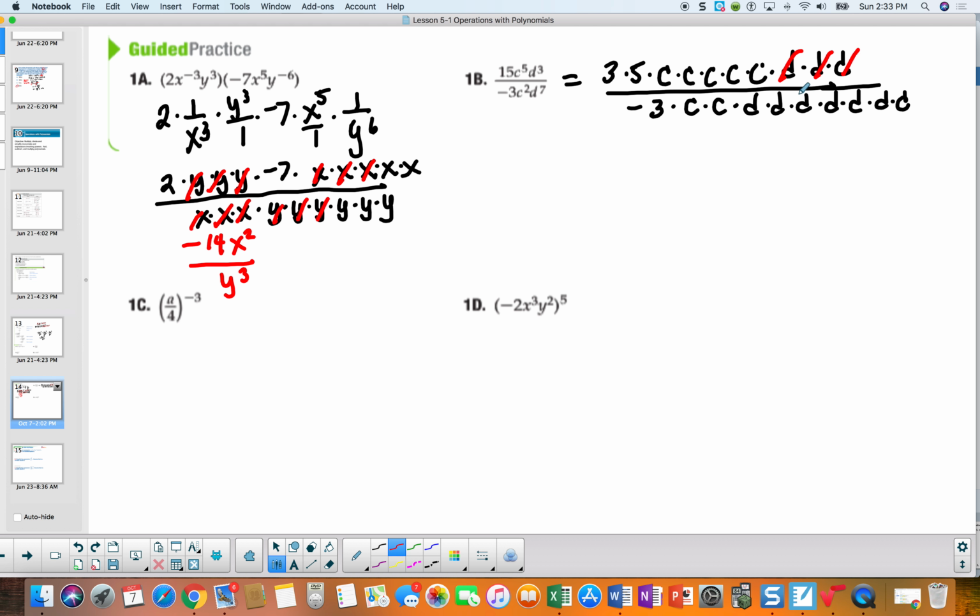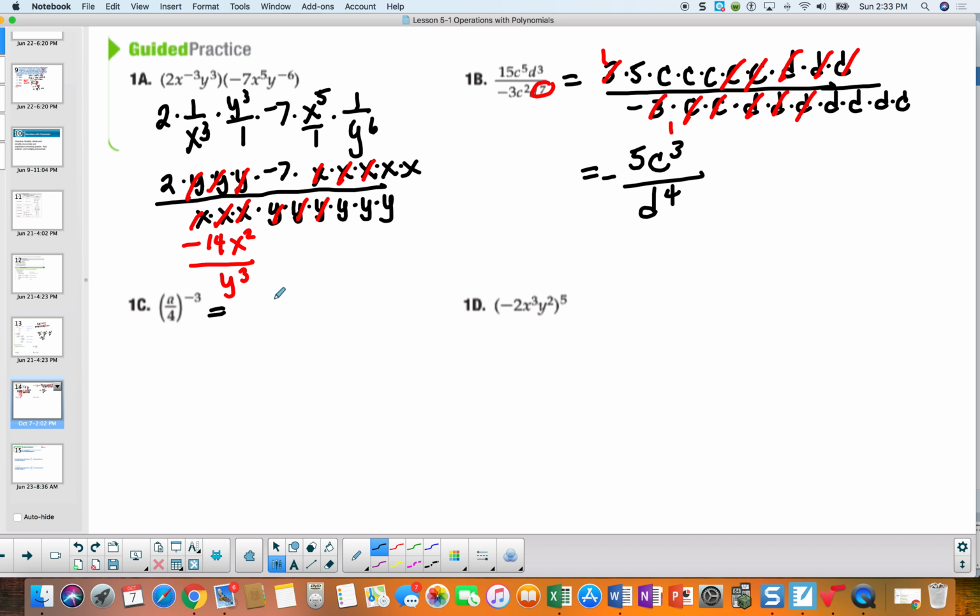That will reduce with 3 here. So I'm going to have 4 d's in the denominator. And then I can reduce some c's, and I can reduce some constants here. So my answer is going to be 5 c to the 3rd power. I'm going to have a negative, so I'll put it right here. And then this will be d to the 4th power.